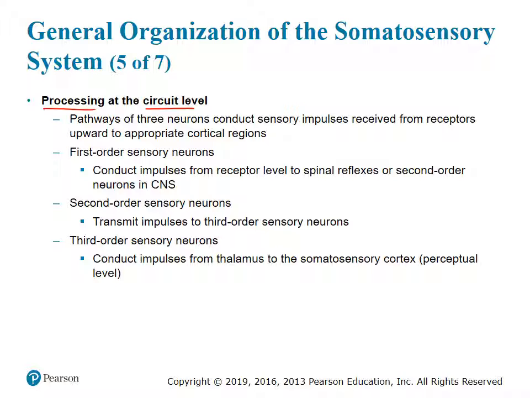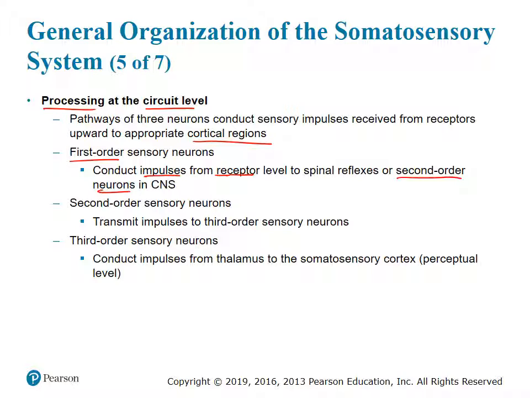So again, we're going from sensory to the cortex. If you're a first order sensory neuron, you're taking impulses from the receptor to second order neurons, right? So you're the first neuron that's receiving the sensory reception.